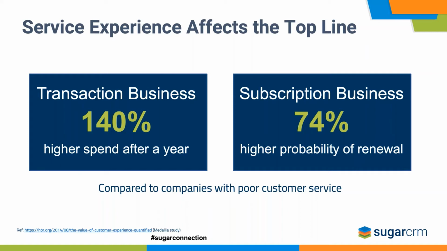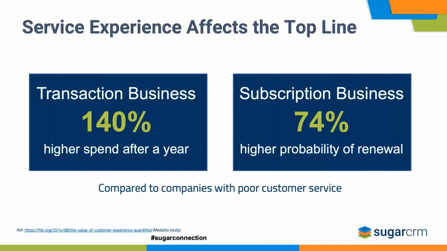Companies that are involved in transaction-oriented businesses, where you're just doing one-time sale of products and services, if they do customer service really, really well, they can realize 140% higher spend on a per customer basis after just a year.